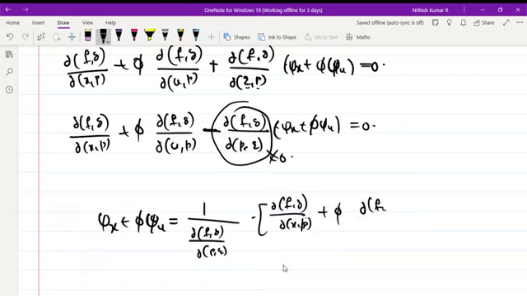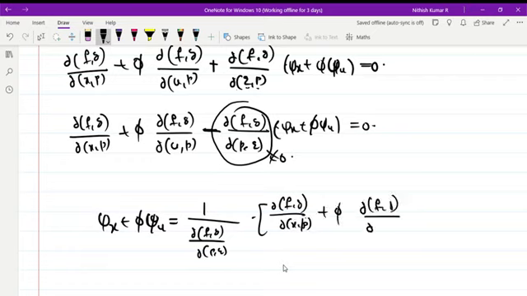Now it is ∂(f,g). Interchanging this, it gets multiplied by -1, so it is minus ∂(p,q) into ξx plus φ into ξu equal to 0.